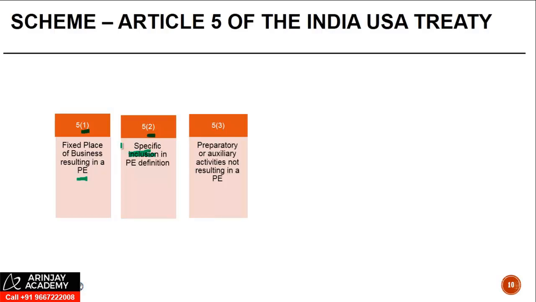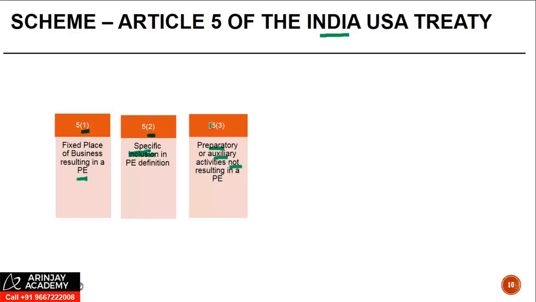Article 5, paragraph 3 deals with preparatory or auxiliary activities which do not result in a PE. Now, what can happen is that some businesses may be carrying on activities in the source state, let's say if India were the source state, which somewhere remotely might be contributing to the generation of income, but their activity or nature is considered such that it is believed that they do not result in income generation to a significant extent.